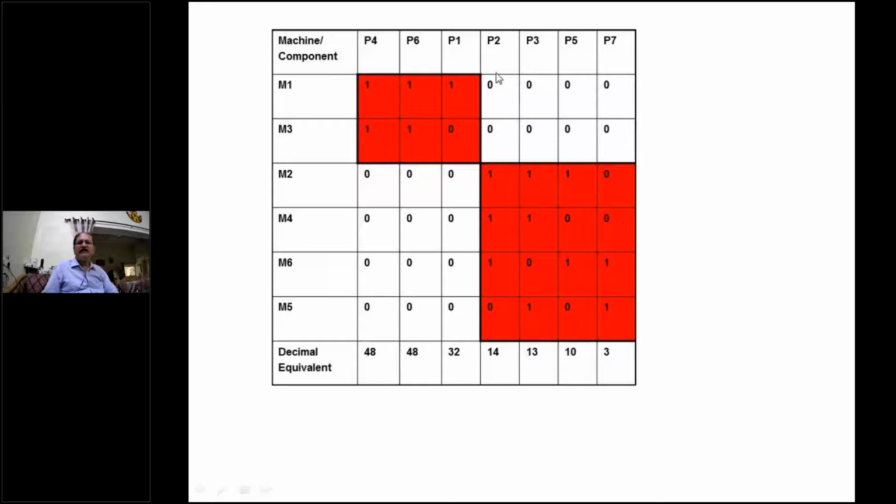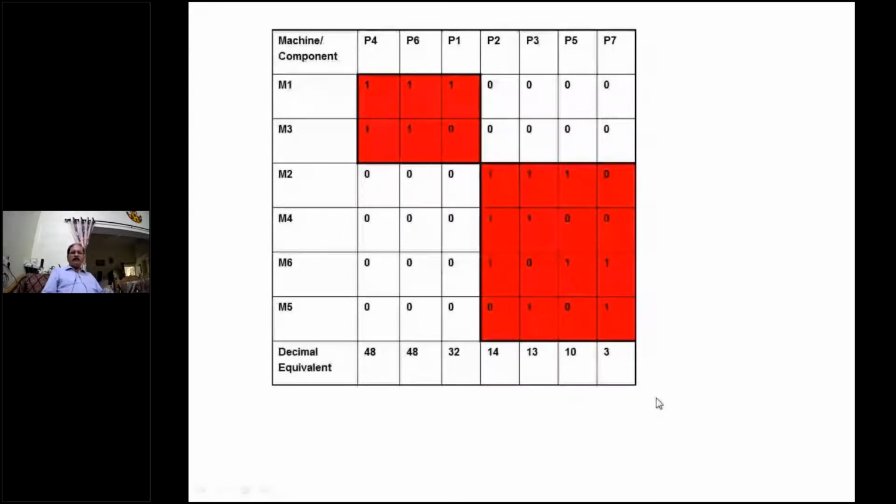Then there is another part family having part 2, part 3, part 5, part 7, and the machines are M2, M4, M6 and M5. So this forms a machine cell and this forms a part family. So we will simultaneously get two part families and two machine cells, right?